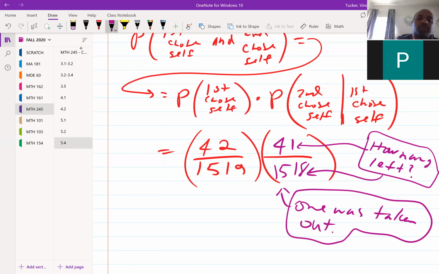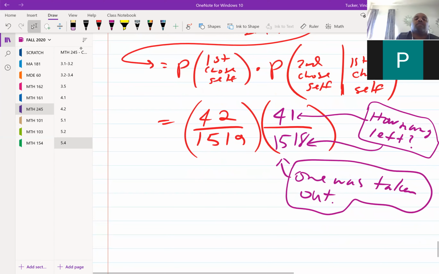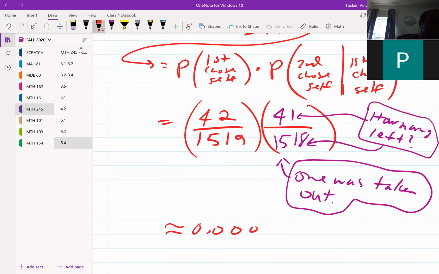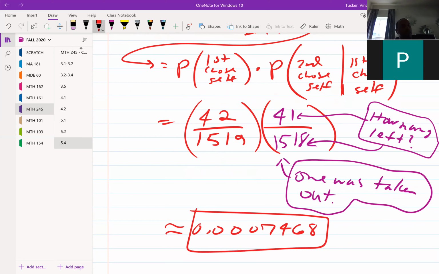Before we finish off the problem, are we okay with that? Yeah. They went ahead and multiplied it out and got the decimal. So that's what it gave after that. So MyMathLab, once again, will let you know whether they want it in fractional or decimal form.